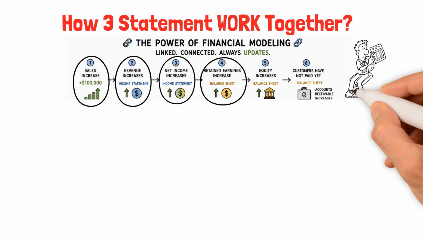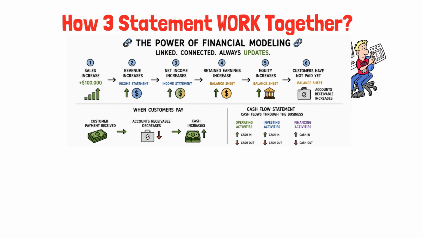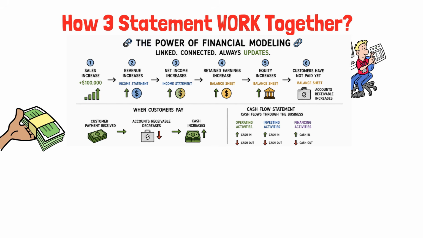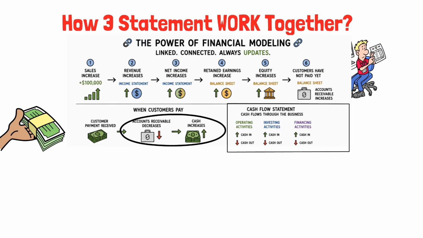Now, suppose those customers have not paid their invoices yet. Instead of receiving cash immediately, the business records accounts receivable as an asset. When customers finally make their payments, accounts receivable decreases, while cash increases. Throughout this entire process, every statement updates automatically because the numbers are connected.